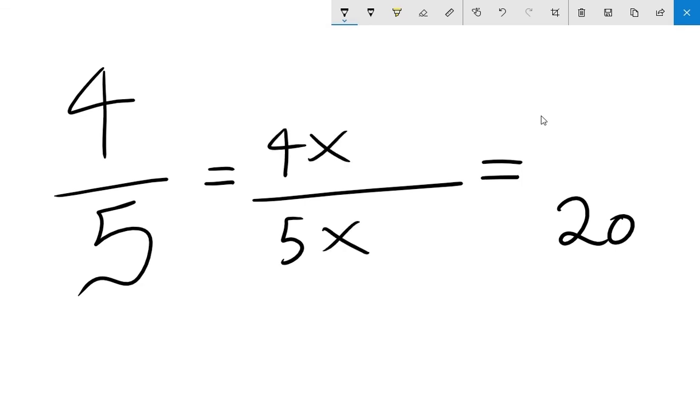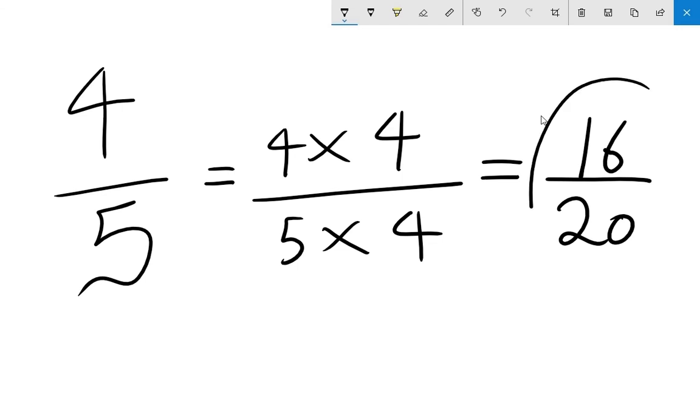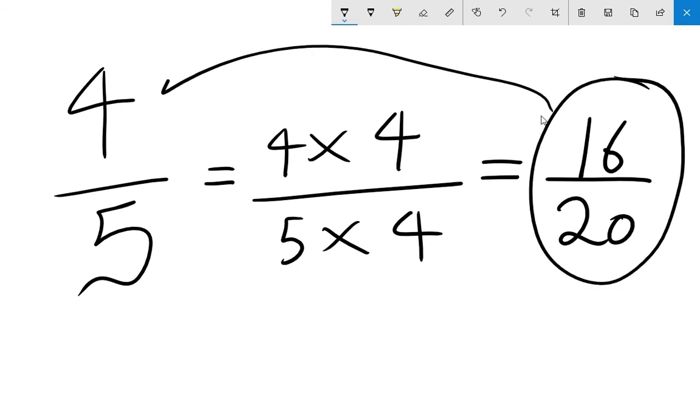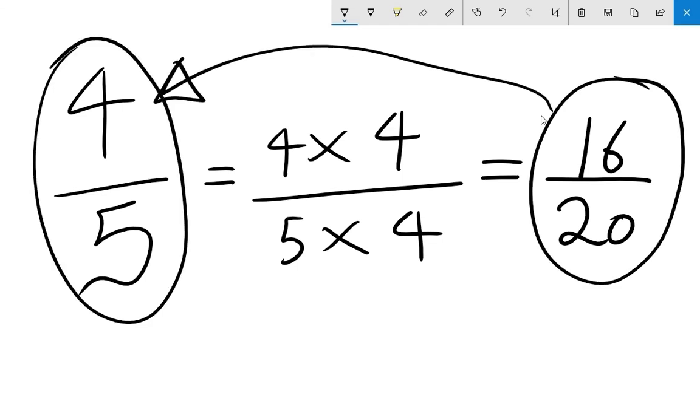The answer is 4. 5 times 4 gives us 20. Therefore 4 times 4 gives us 16. This is a bigger form of this fraction. Good.